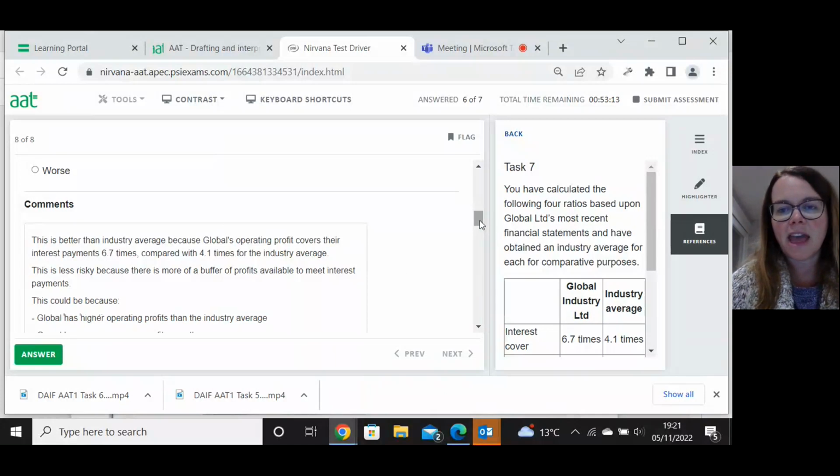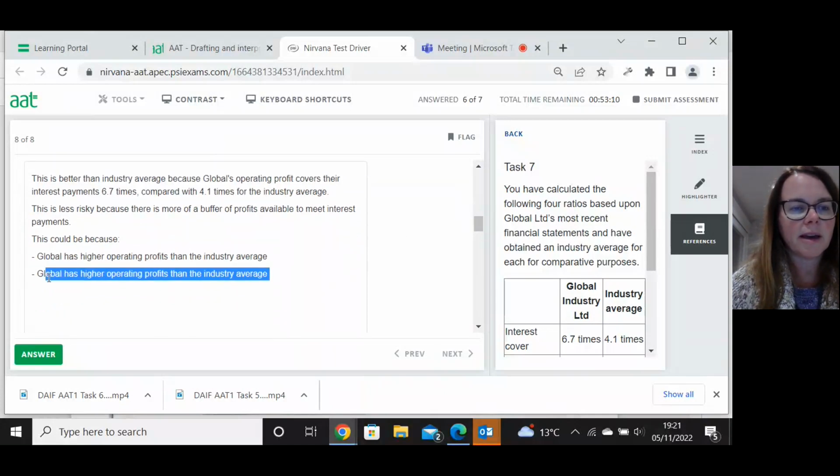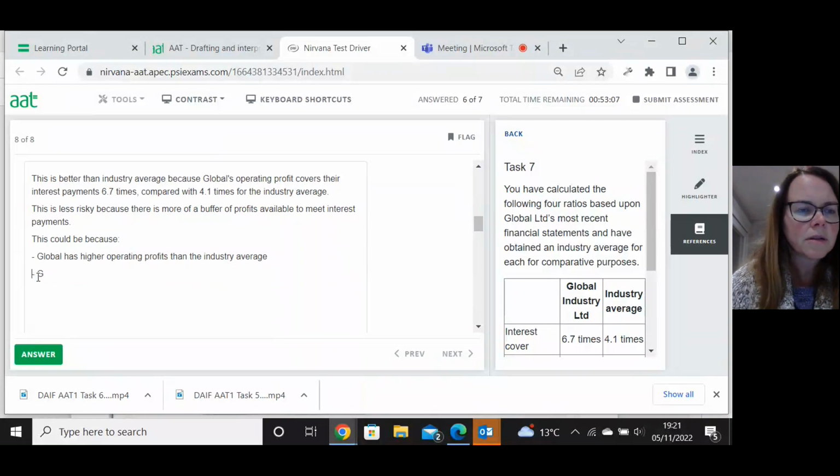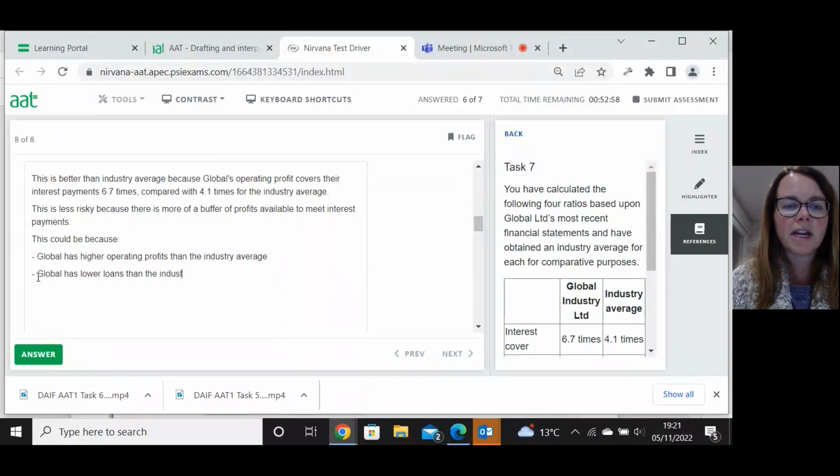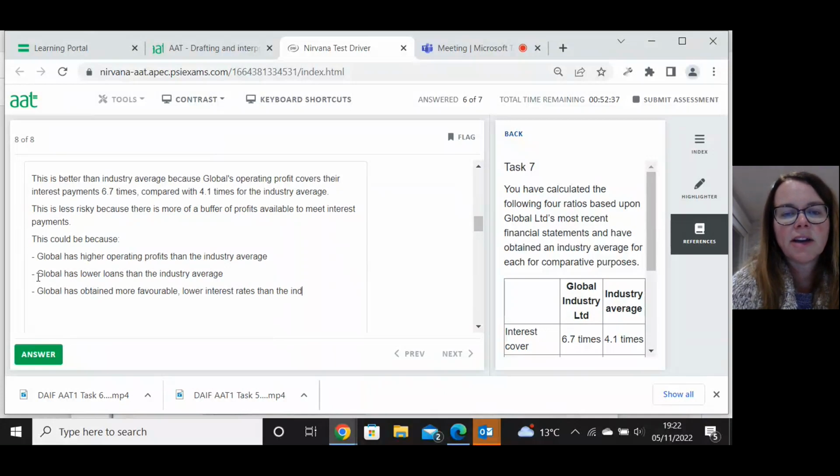It might be that Global has lower loans than the industry average. Or maybe they've got more favourable interest rates. Global has obtained more favourable, lower interest rates than the industry average. It's a bit repetitive, but I'm making it really clear which way round it is.